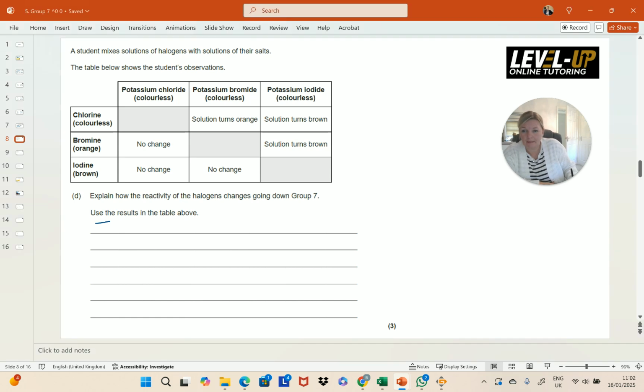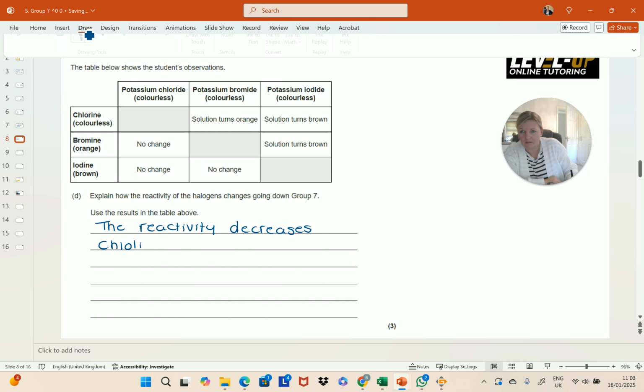So for mark number 1, we need to say what's going on with the reactivity. So the reactivity decreases. Okay, now we've got to explain, well, why? How do we know that? Why did we come up with that? Okay, now we can say that chlorine has two reactions.